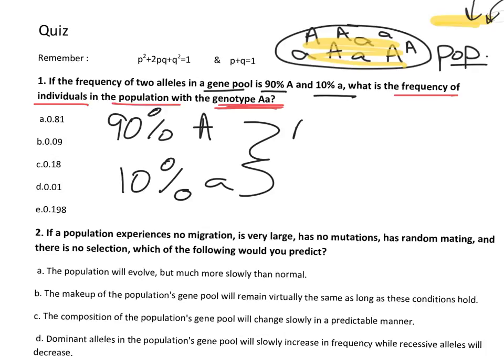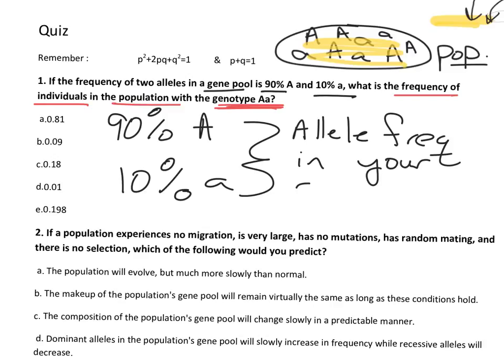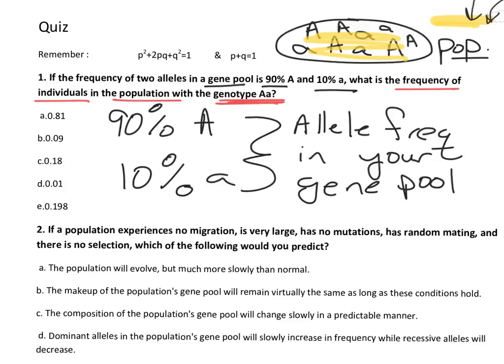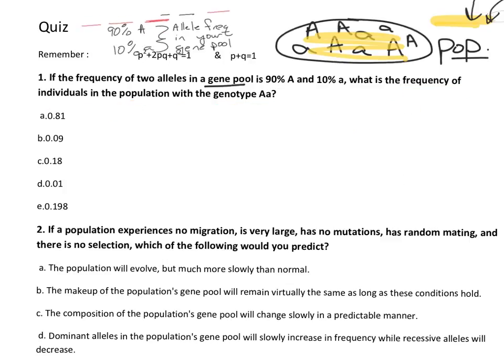We would call it allele frequency, in your gene pool. So when you talk about 90%, that means 90% of your gene pool is big A, and 10% of your gene pool is little a. Are we okay with that?